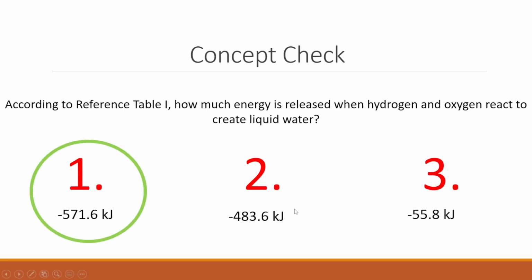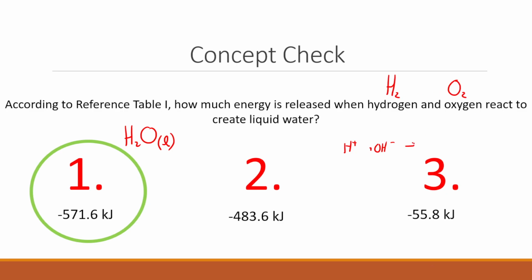If we want to create liquid water, we need to pull the value that talks about H2O liquid, not H2O gas, right? Not H2O solid, right? And we're not looking at H plus and OH minus making water. We're looking at hydrogen and oxygen reacting to create it.